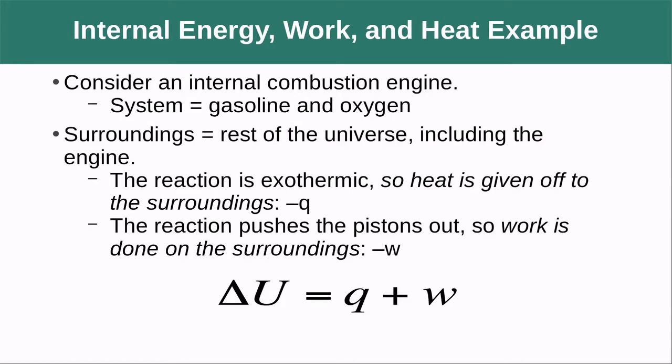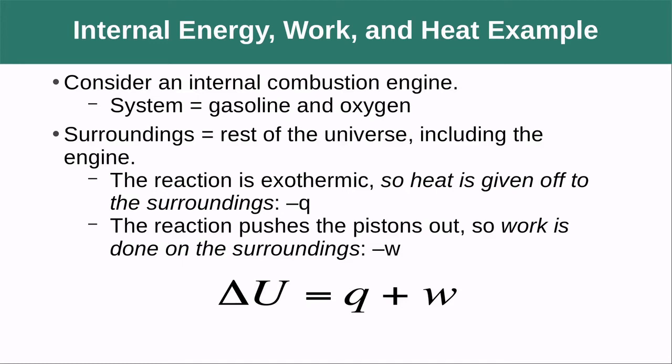So if we consider an example of this, we could have a system inside of a combustion engine. For instance, we could define the system to be the gasoline and the oxygen. And the surroundings is pretty much everything around that, including the engine. This reaction is exothermic.